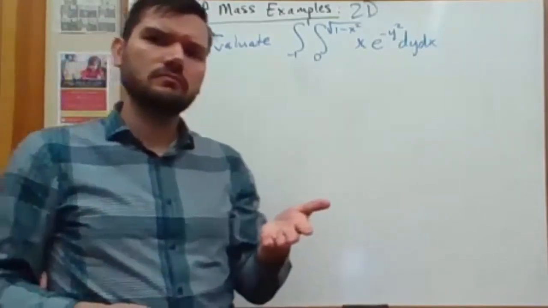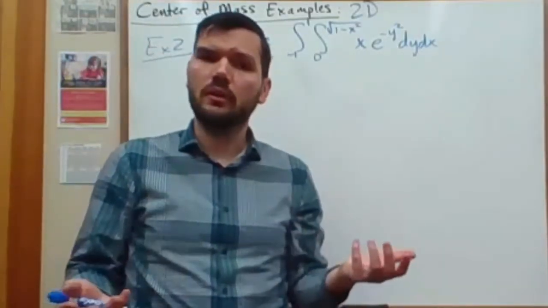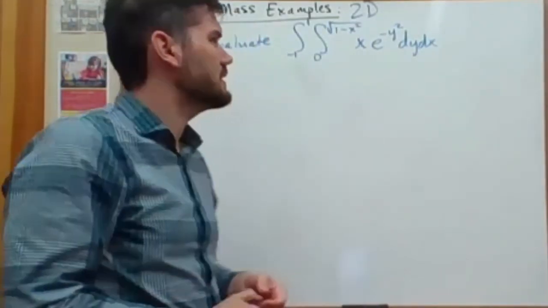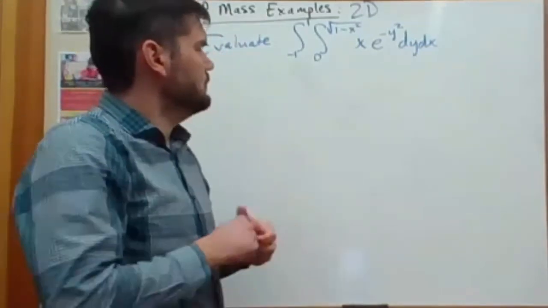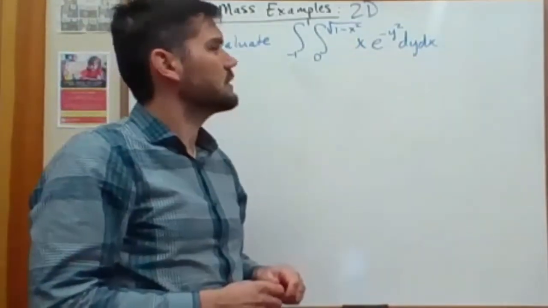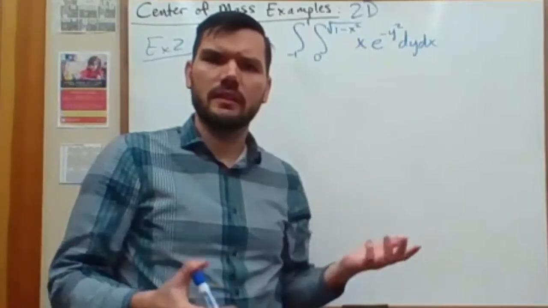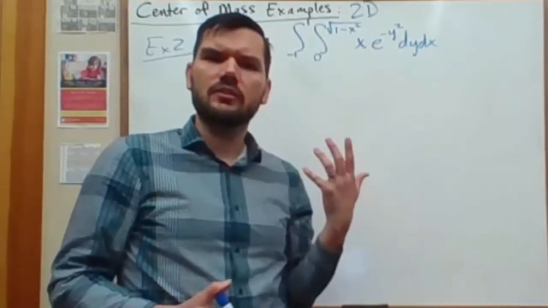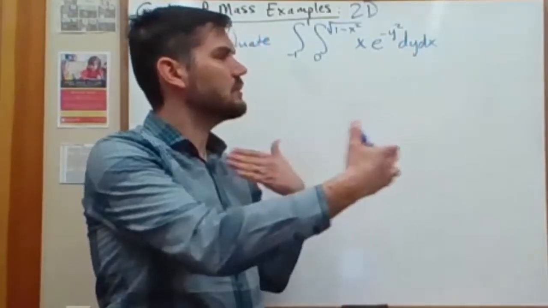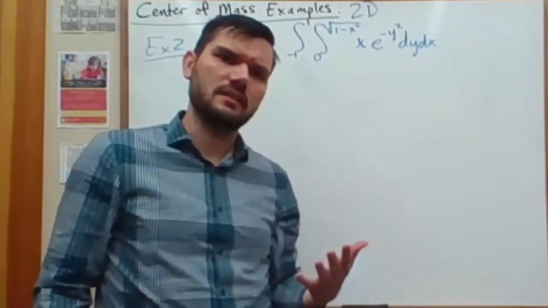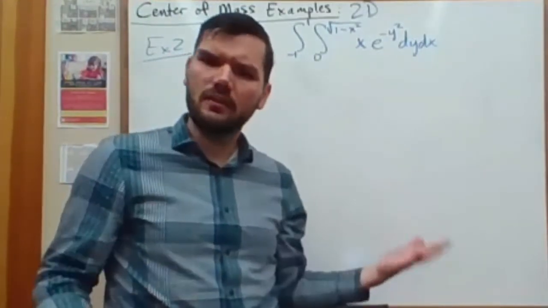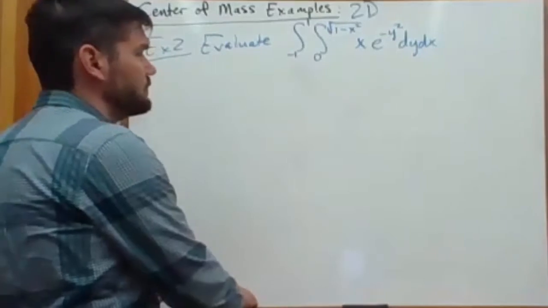Now we've seen this function before. We used polar coordinates to be able to reorient it. But in this case, we already have an x, so it's a little awkward to reorganize in polar. Let's just try to change the limits of integration to see if it's a little bit more clear, and draw the region that we're integrating over.